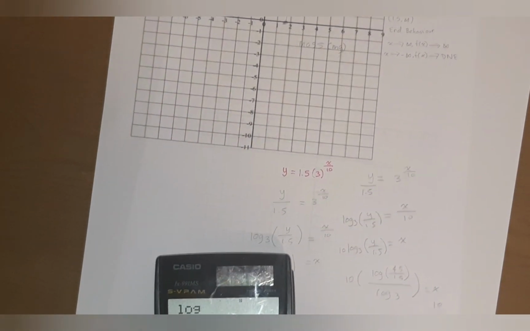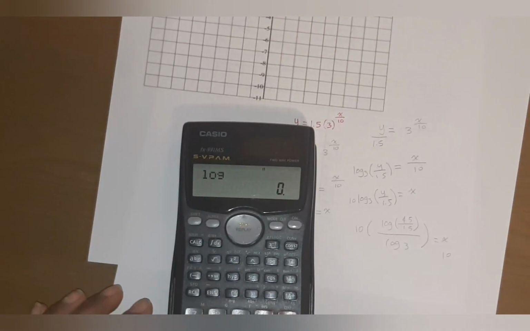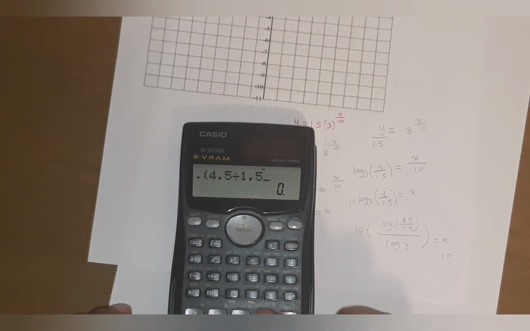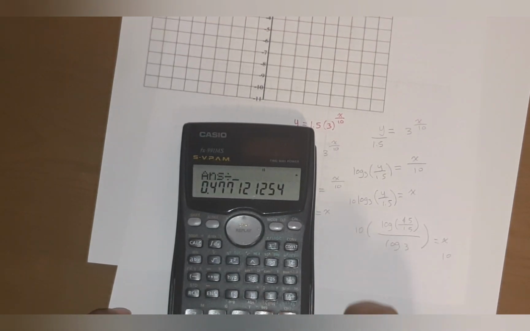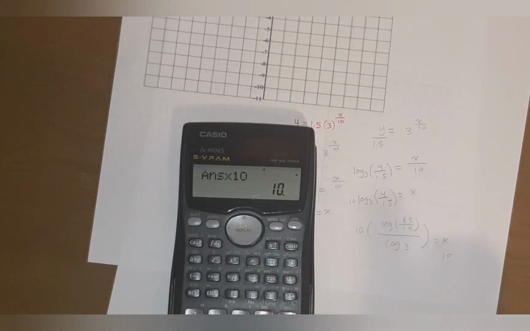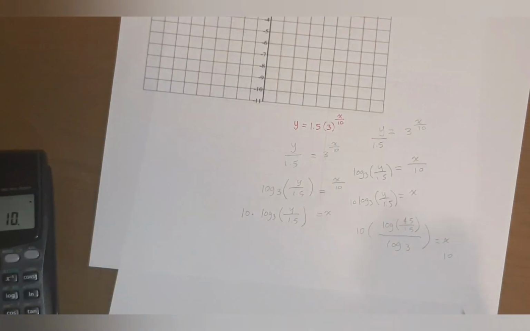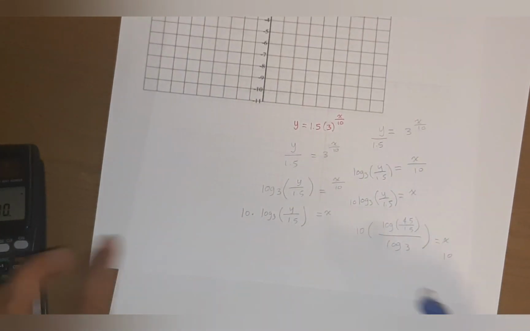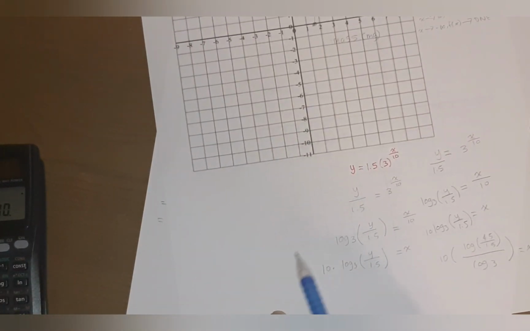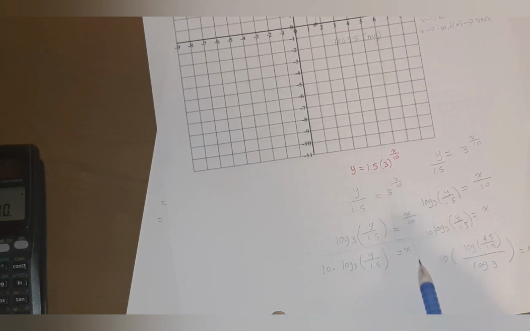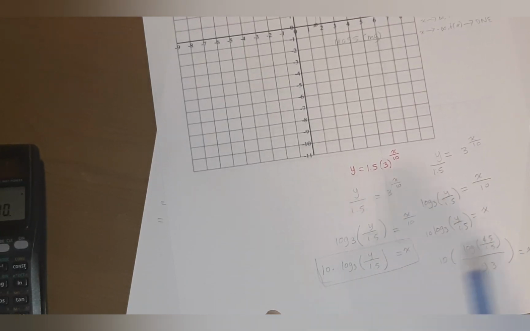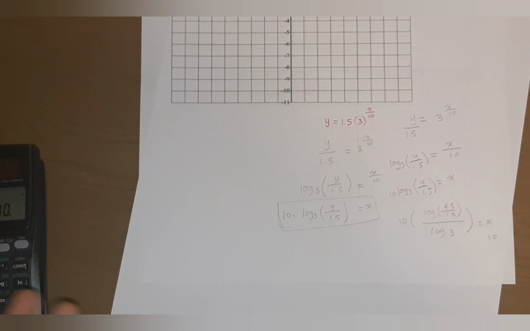So log of 4.5 divided by 1.5, divided by log of 3, times 10, which is 10, which is amazing. So this would be our final inverse function, and that's how you would isolate for the inverse of logarithms.